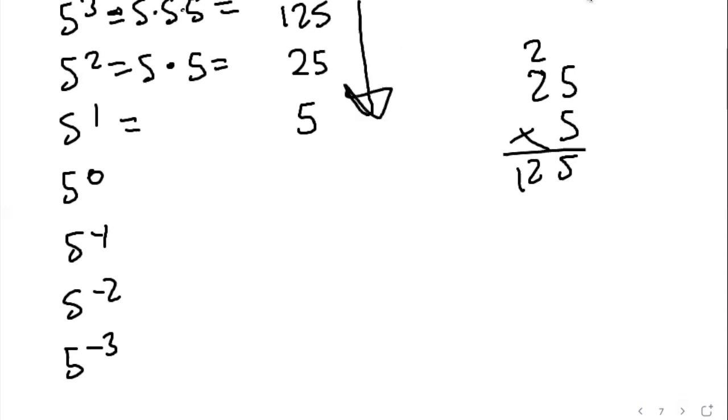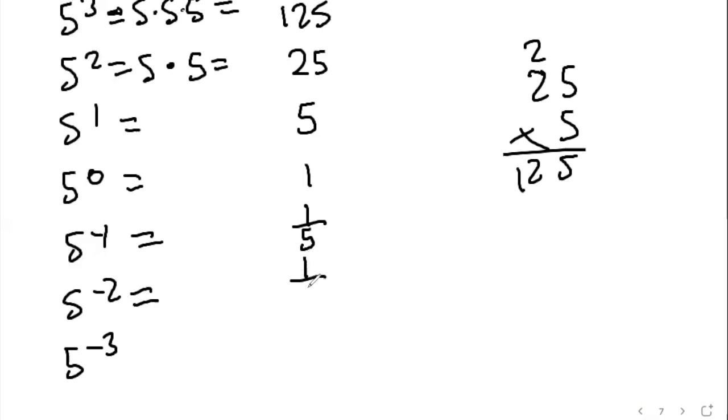As we go down the list, we're dividing by 5. So let's keep doing it. 5 divided by 5 is 1. 1 divided by 5 would be a fifth, right? It's like taking a whole and splitting it into 5 parts. That's a fifth. And if I divide by 5 again, then I have a 25th.